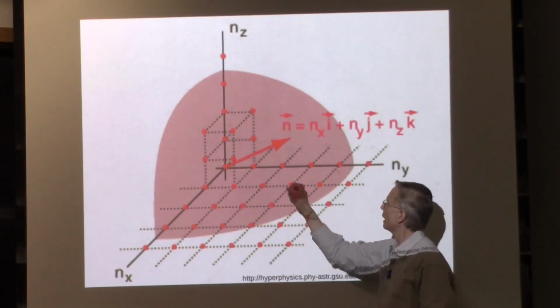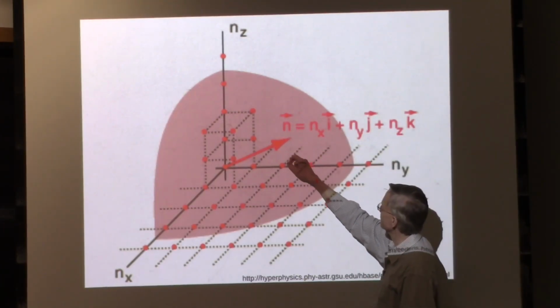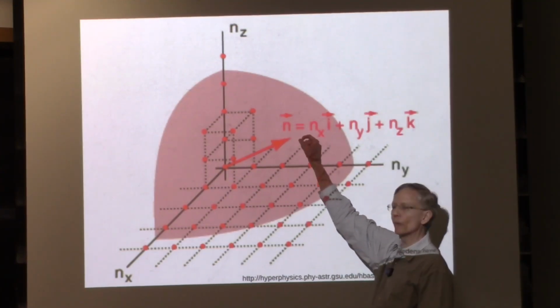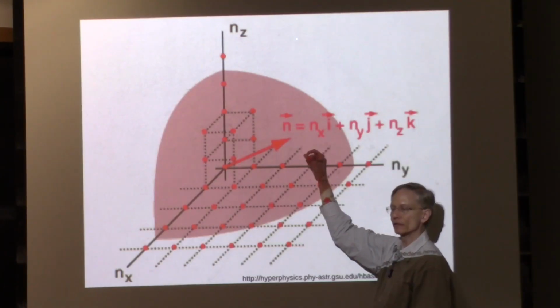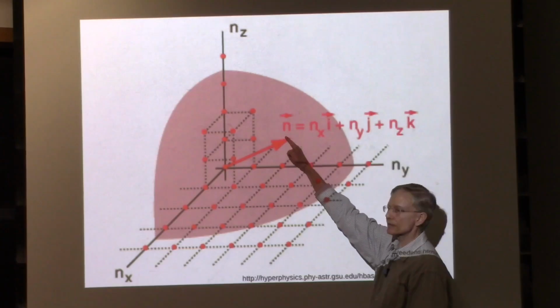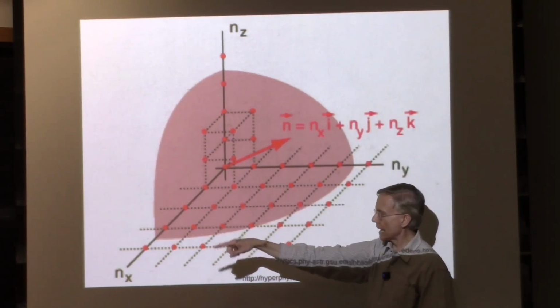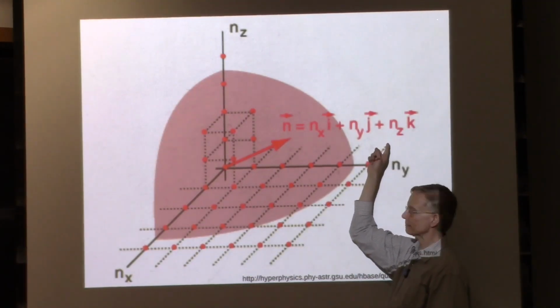So if I draw a vector from the origin to one of these points in n space that maps onto one of the allowable wave functions that has definite energy, then the length of that vector is n, where n squared is n x squared plus n y squared plus n z squared.